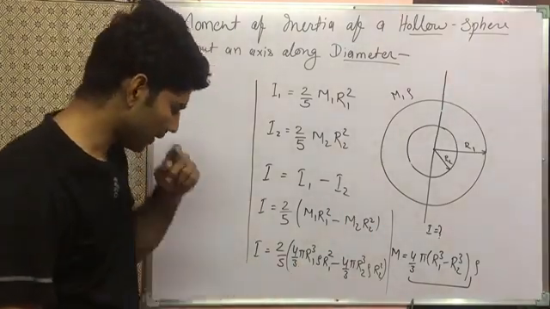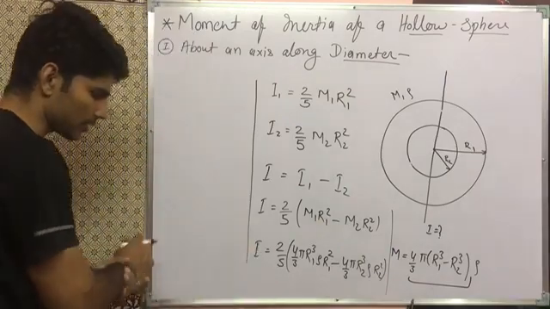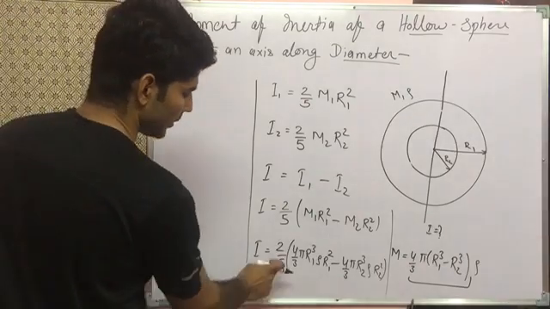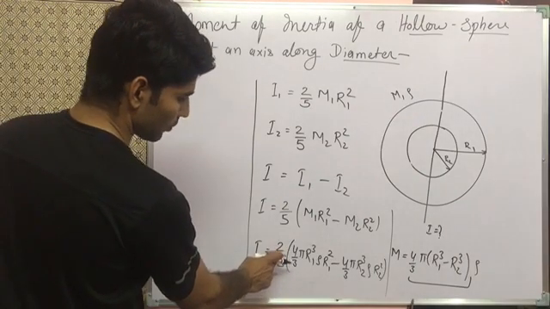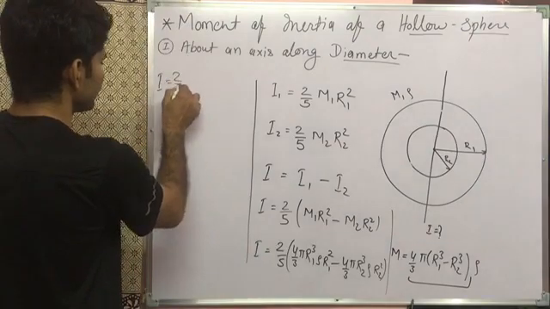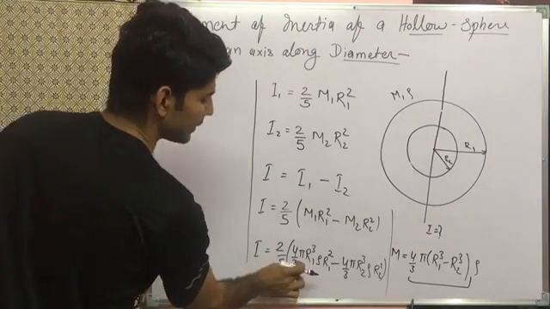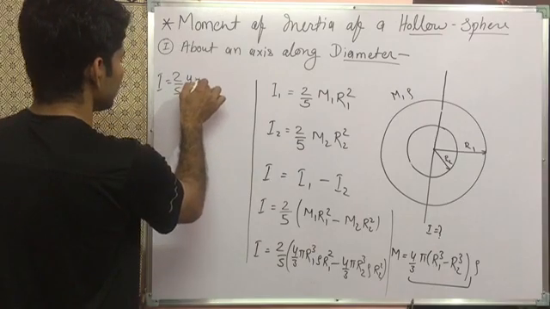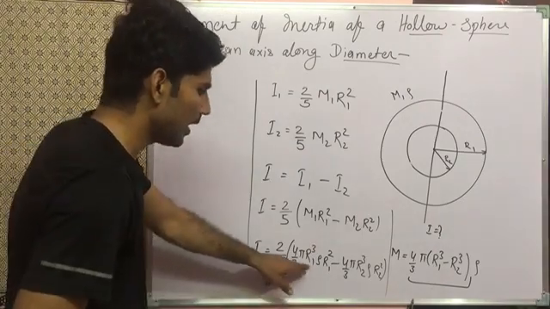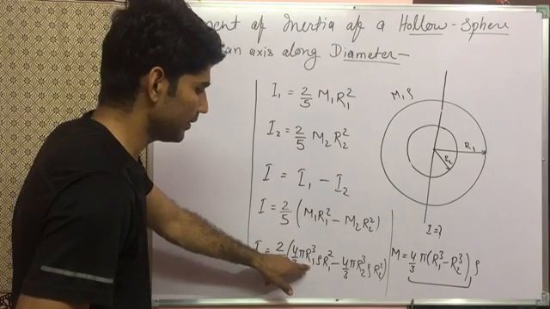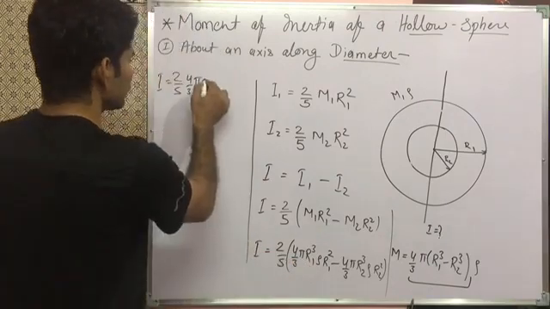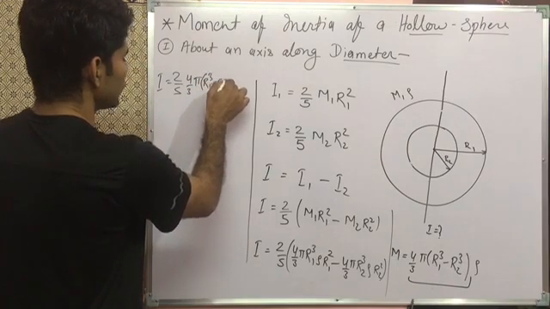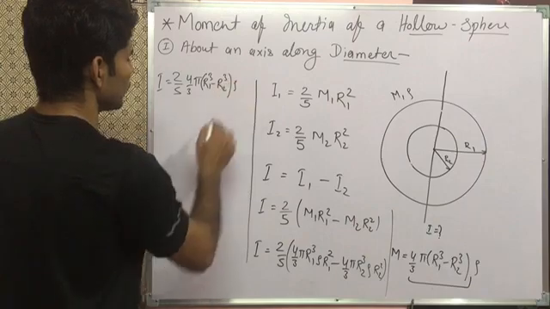We solve it and we get the constants out. So I can write I as 2 by 5, and I take this common: 4 by 3 pi, and here r1 cube into rho, minus r2 cube into rho also.